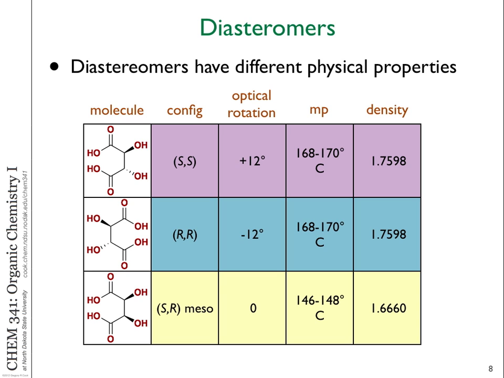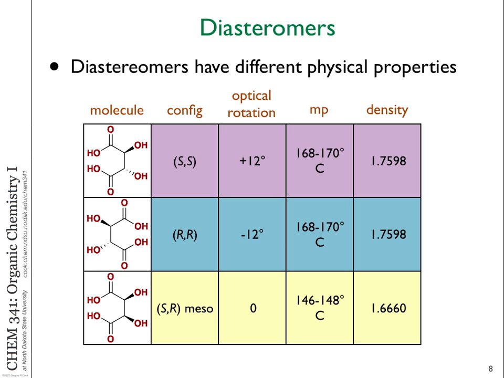So, I just want to throw this out because we'll talk about it in a little more detail later. Let's say you have a 50-50 mixture of enantiomers. You do that HBr reaction to make 2-bromopentane, and you have a 50-50 mixture of enantiomers. How do you separate them physically? How do you separate any substance?